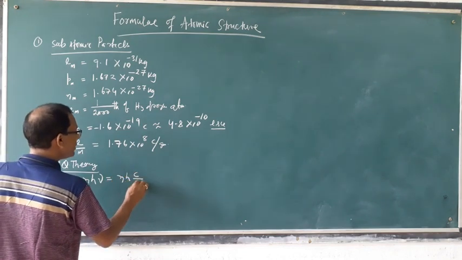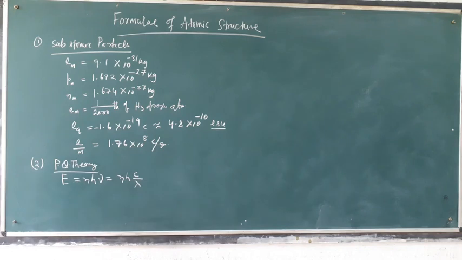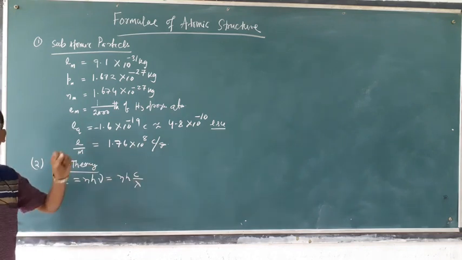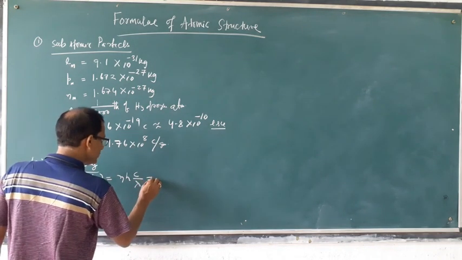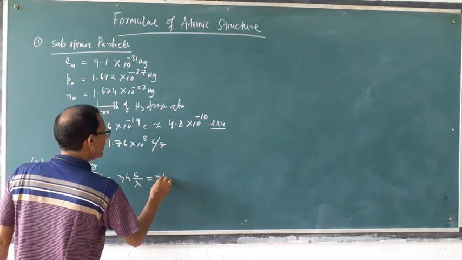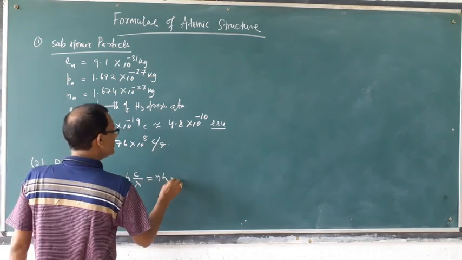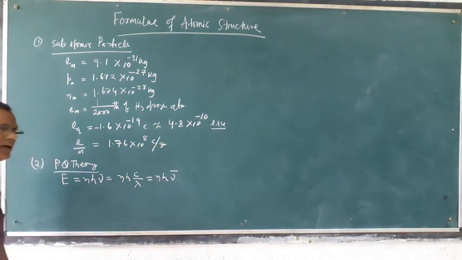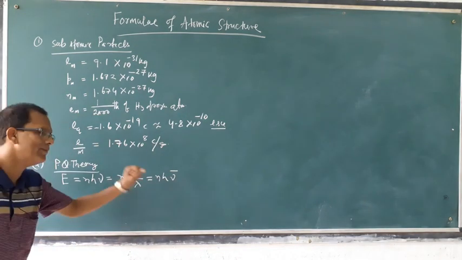nhc upon lambda. Lambda is the wavelength, c is the velocity of light, which is equal to nh nu bar. What is nu bar? Nu bar is the wavenumber.